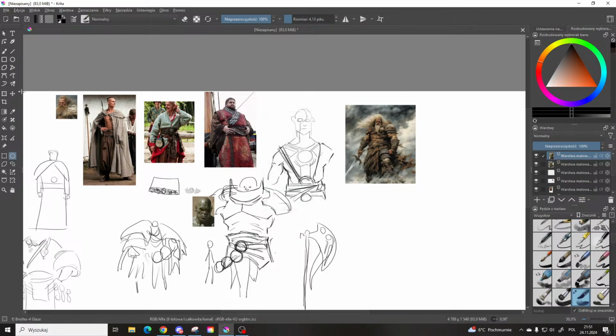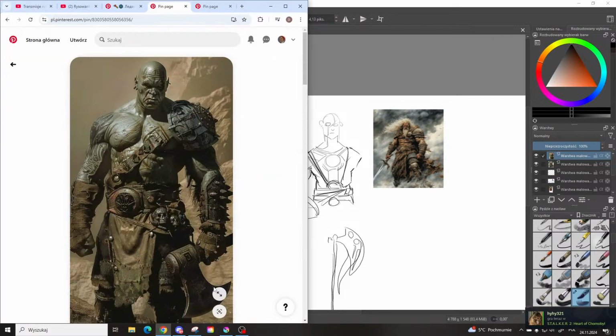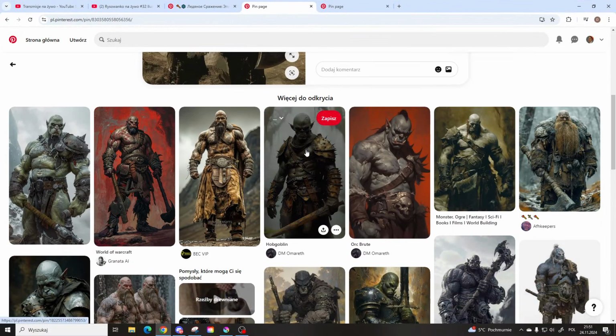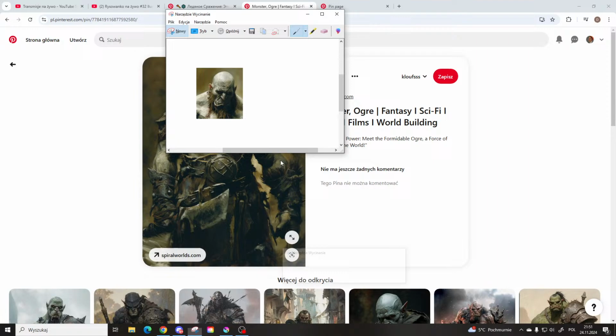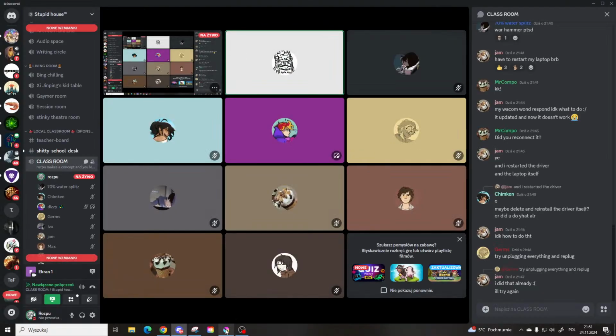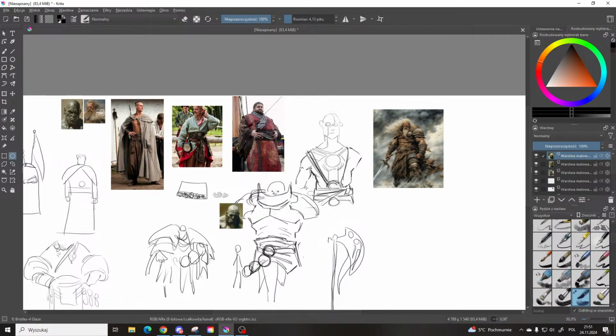I just got distracted, sorry. What I was trying to say is we need to focus on the clothing. We're not designing that much of his anatomy, so instead of drawing anatomy, it would be faster to just find a photo of a human body and draw the design of the clothing over it.